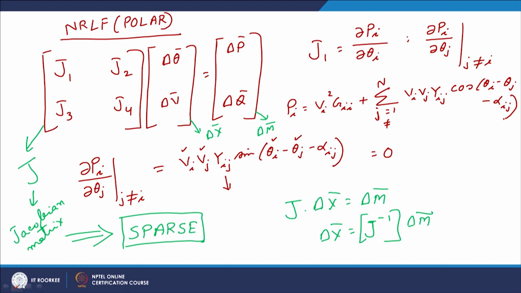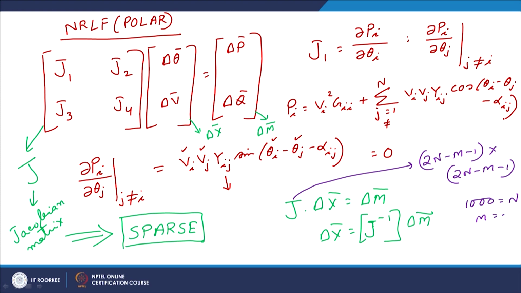So, depending upon the values of n and m, this J matrix can be very large. For example, if n is 1000 and m is let us say just 50, it would be 2000 minus 51, so 1949 cross 1949, so many elements.